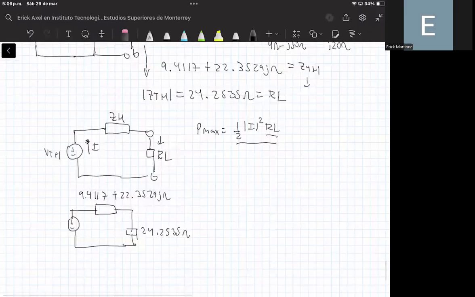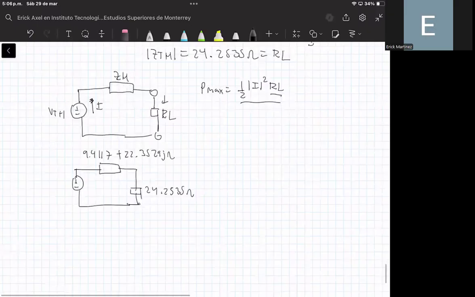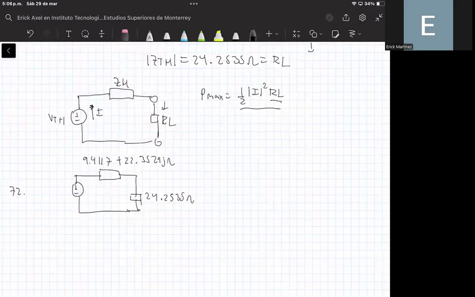And here we have the value of the Thevenin voltage, that in this case is 72.7606 with an angle of 134.03 degrees volts. So this is the value of the Thevenin voltage, and here we have the direction of the current.